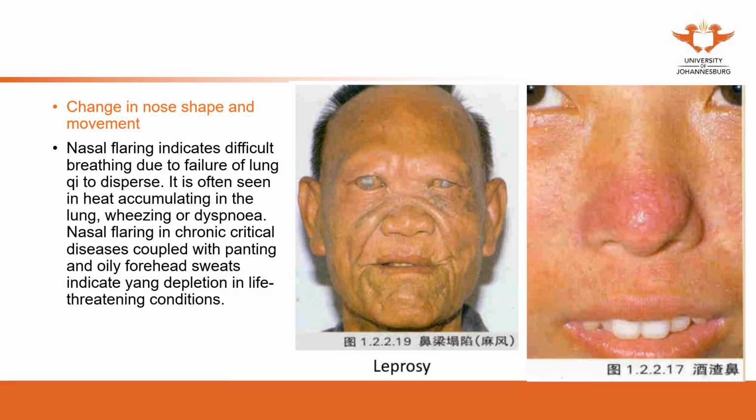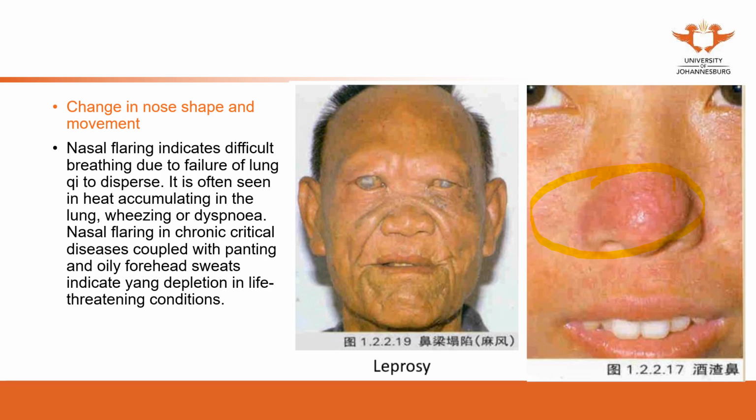Change of the shape. This one is the change of the color, the redness. The redness is the heat, so it can reflect the stomach heat. And also from here, you can combine with the theories from the facial complexion, from the location of different areas of the face. We have shown you in the previous videos that the different areas of the face can represent different areas of the internal organs.